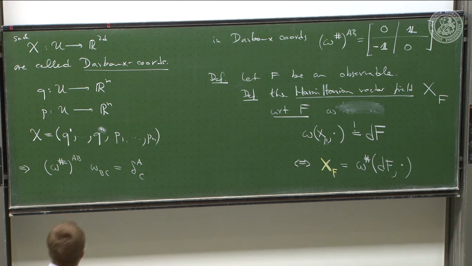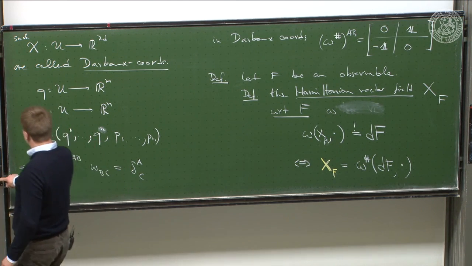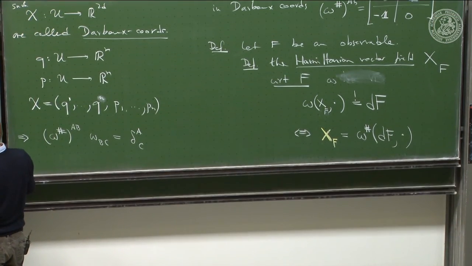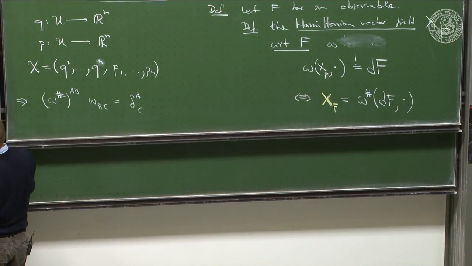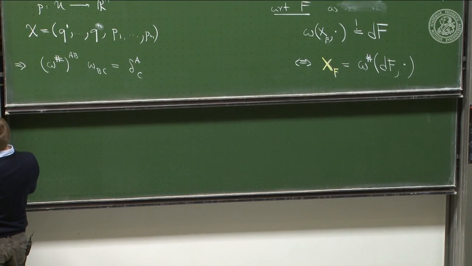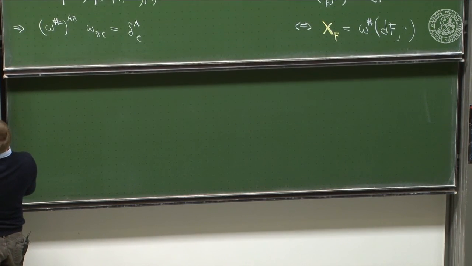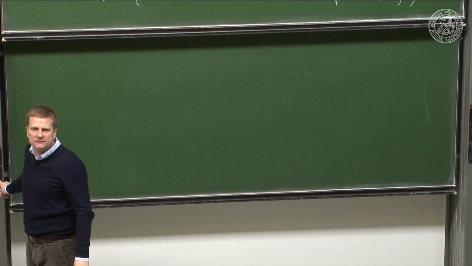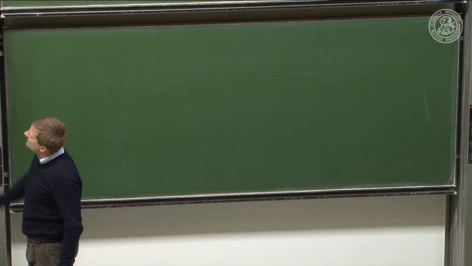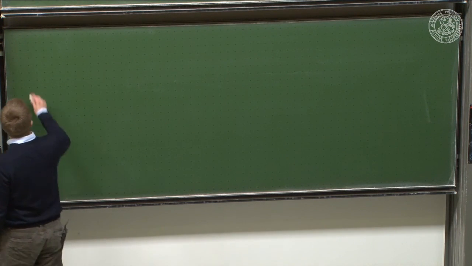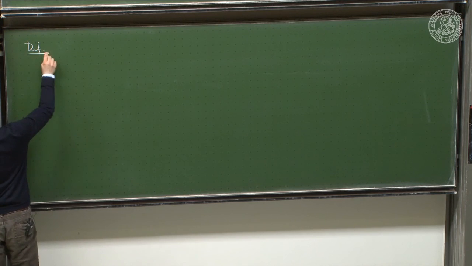And once we have that, we can, of course, define the familiar Poisson bracket. And note, in order to have the omega sharp, we needed the non-degeneracy condition of the omega. We haven't used the closedness condition yet, but that will become important in a second.